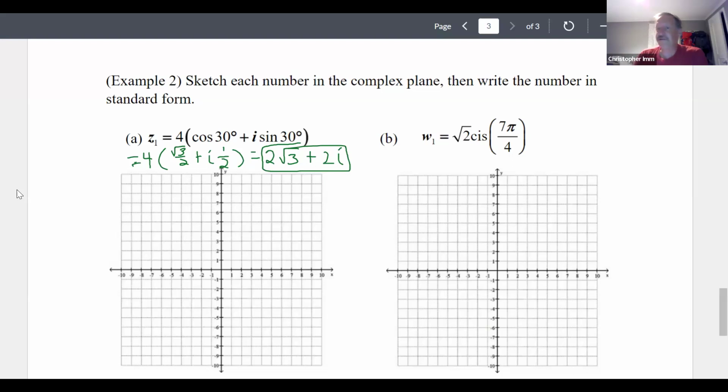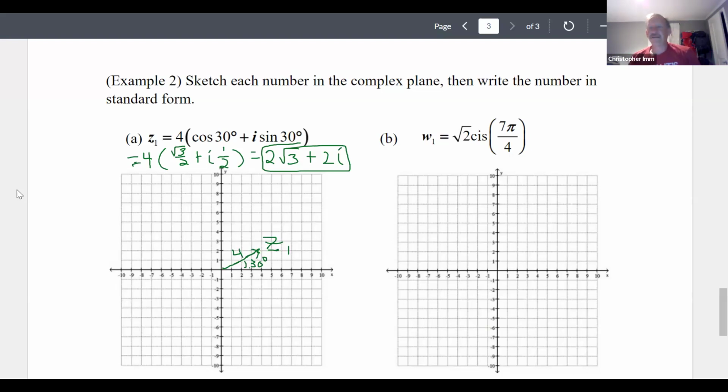I think I was over about 3.46. I was somewhere in there. And then, of course, up 2. So if I go over 3.46 and up 2, that should be about where my number is. So Z1 should have been about there. But remember, to plot it with the trig form, you essentially are going to be going 30 degrees from that positive x-axis counterclockwise, and then have a modulus of 4.